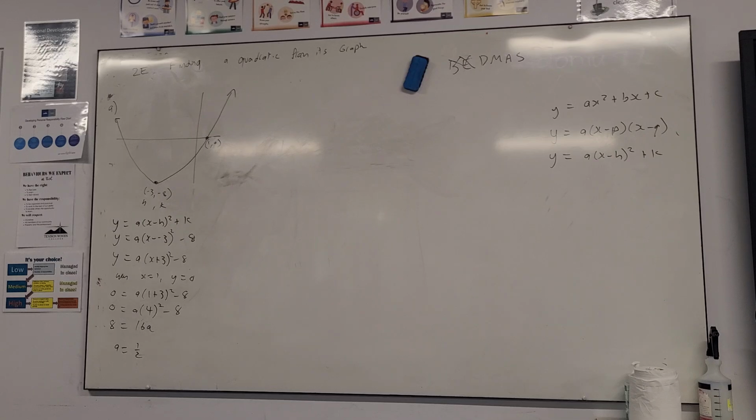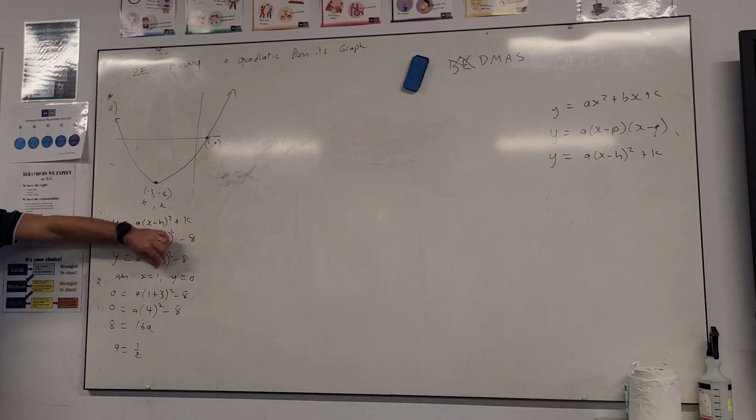Alright, so I've hammered ahead there. I'll pause for a second and let you sort of jot it down. So all I did, we sub x is 1, y is 0 in.